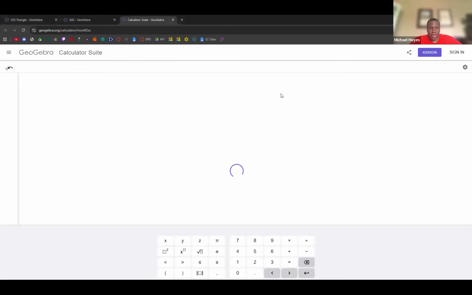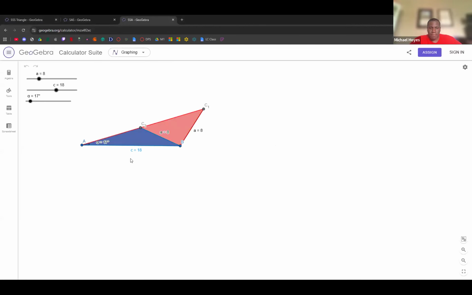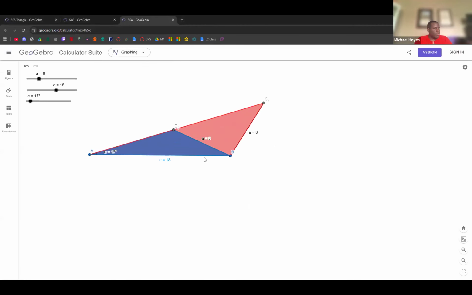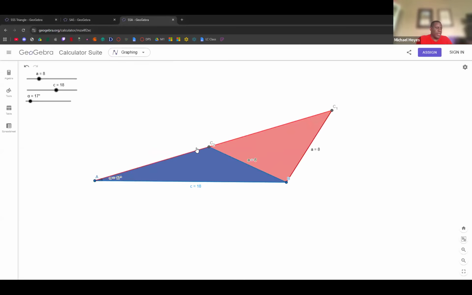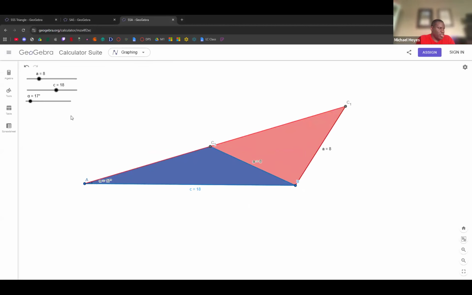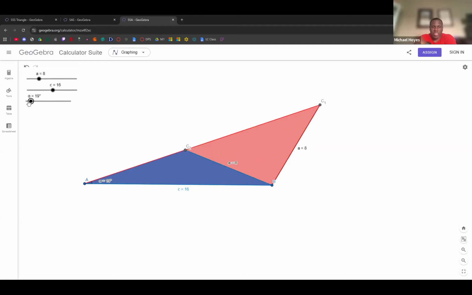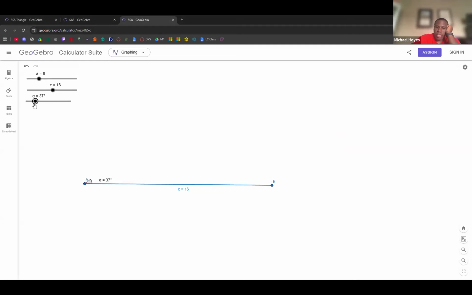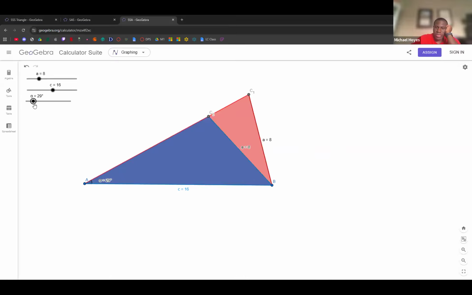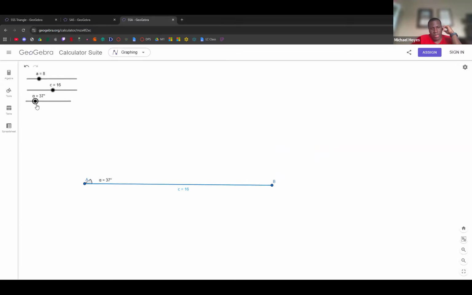All right, so I put a new one in the chat. We have the non-included angle case, and I want to investigate this one. Again, we'll have a few minutes to explore and look around. I'm going to think about when do the triangles exist? When do multiple valid triangles appear?